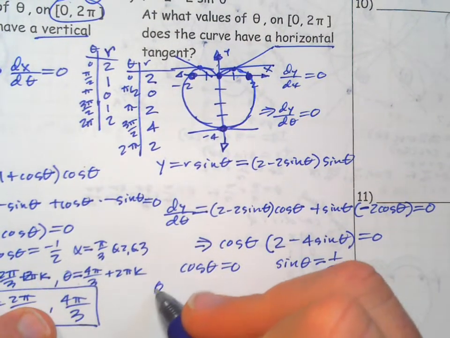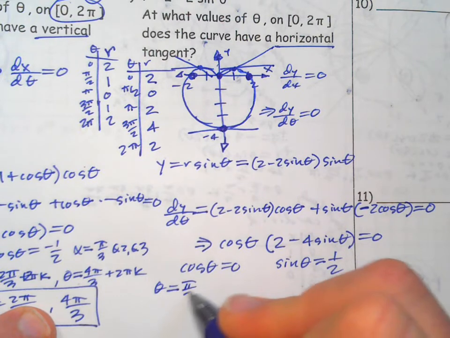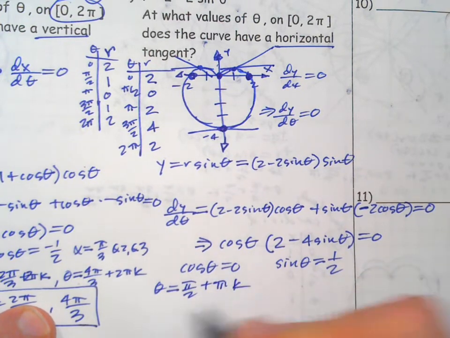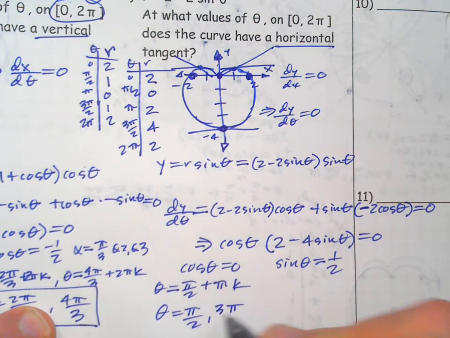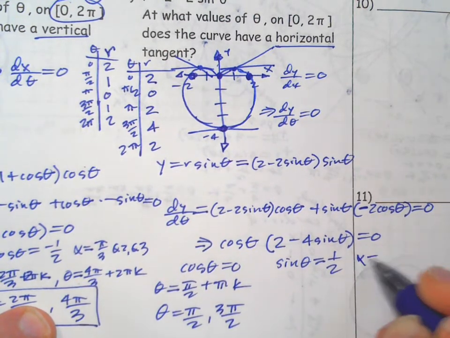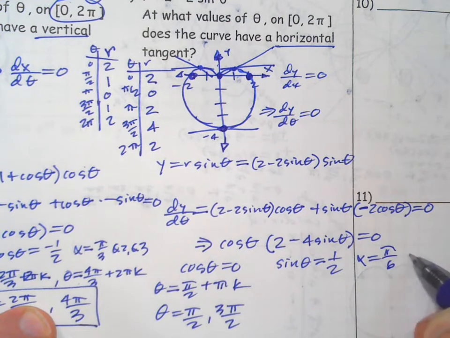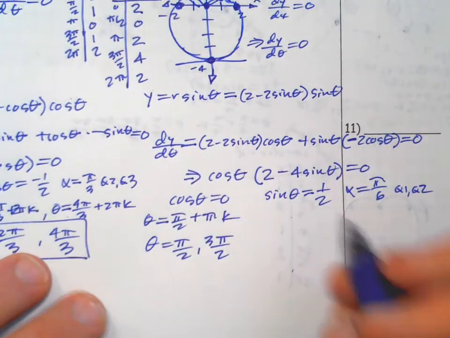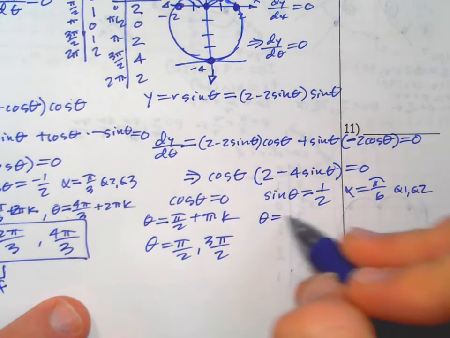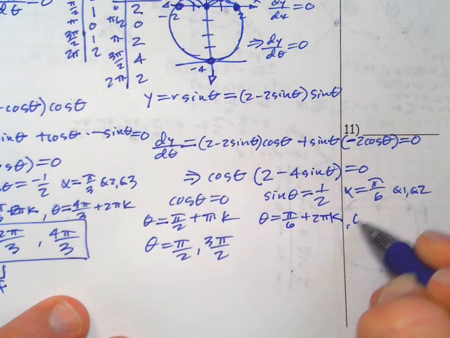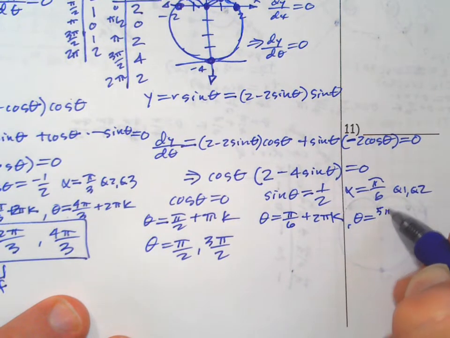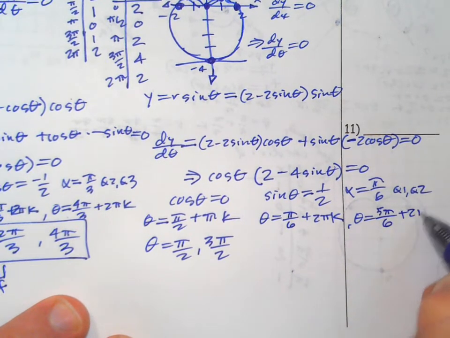So θ equals π/2 plus πk. θ equals π/2 and 3π/2. And the reference angle here is π/6, quadrants 1 and 2. So θ equals π/6 plus 2πk, and θ equals 5π/6 plus 2πk.